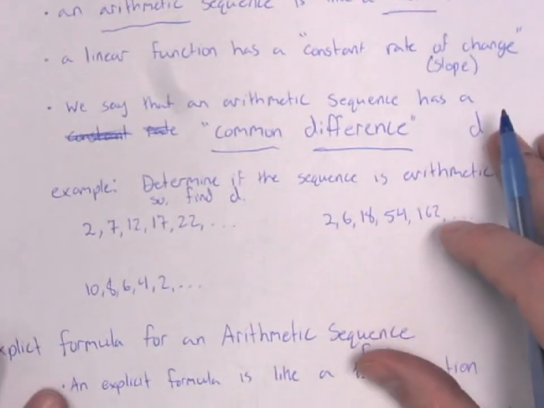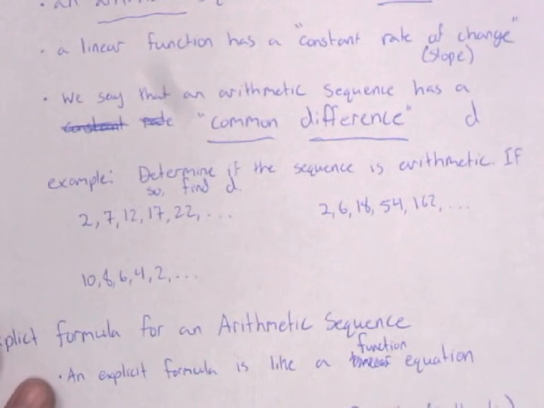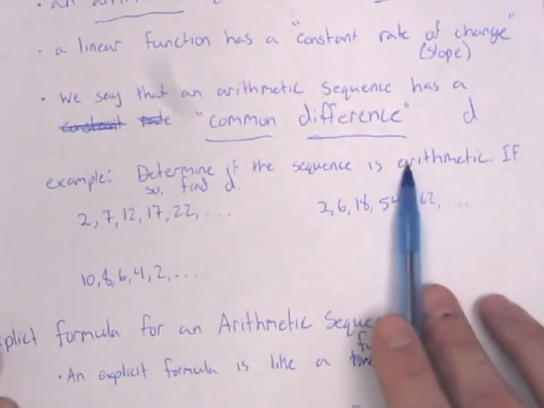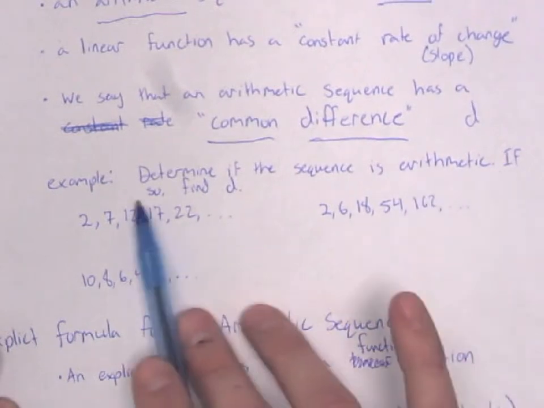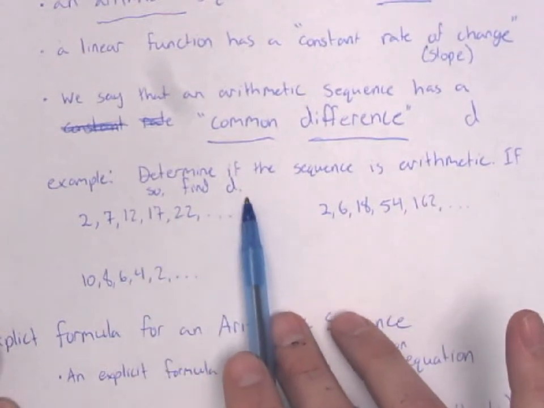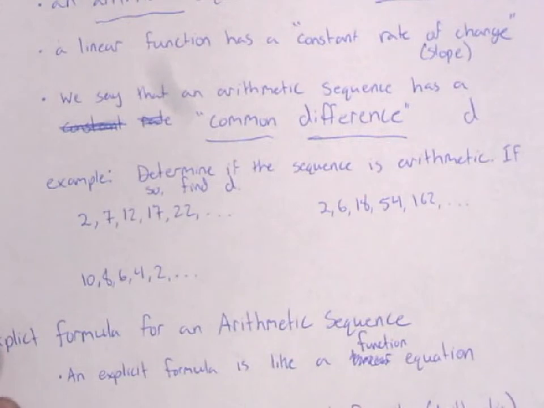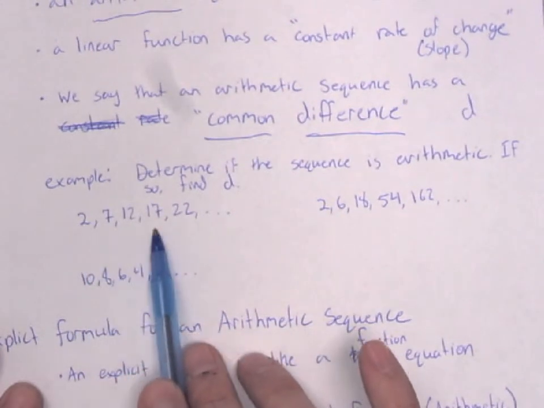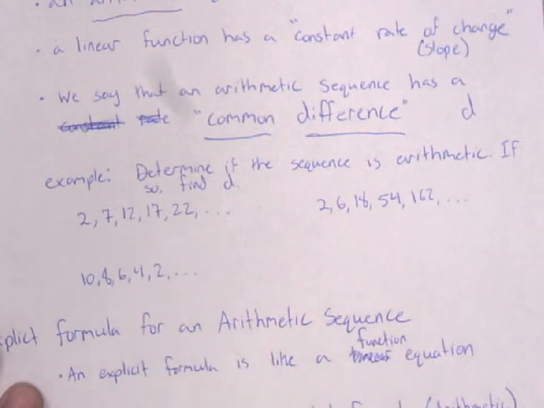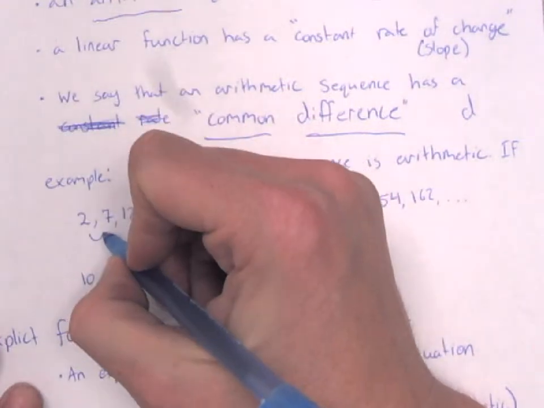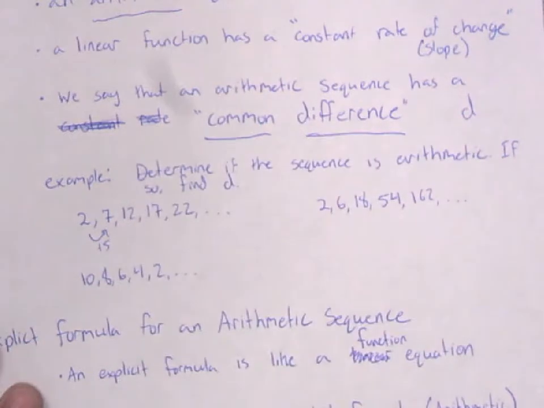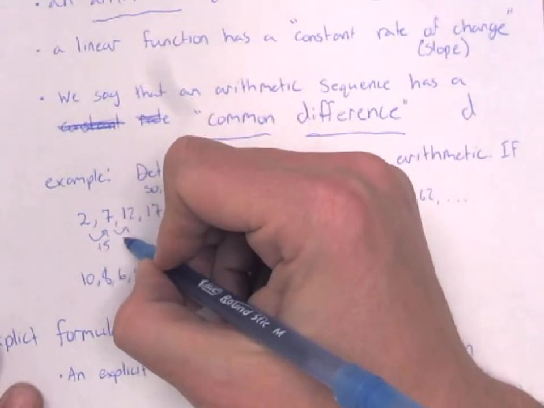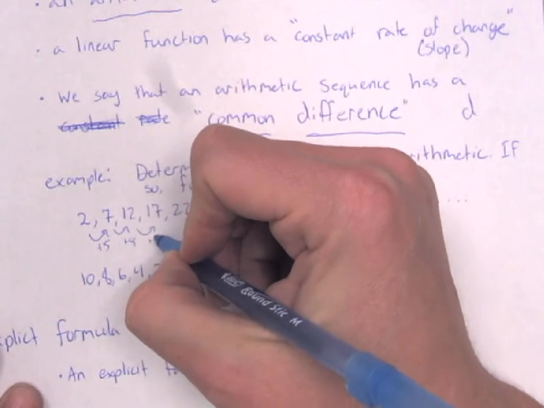Let's look at an example similar to what you got on your homework. Determine if the sequence is arithmetic. Is it linear? Does it have that constant rate of change? If so, find d, the common difference, or basically the slope. Let's look for patterns here: 2, 7, 12, 17. Are we adding the same thing every time? To get from 2 to 7, that's a +5. From 7 to 12, that's a +5 as well. 12 to 17, that's a +5.